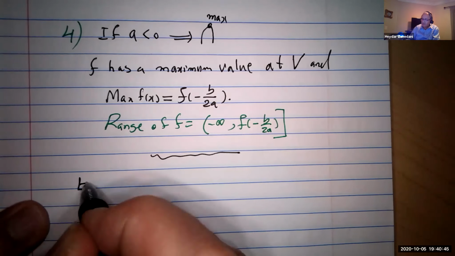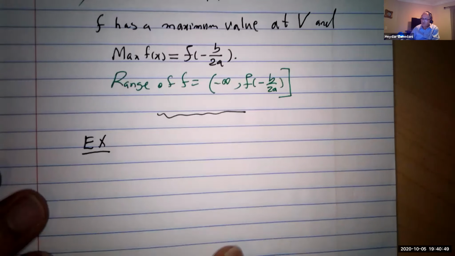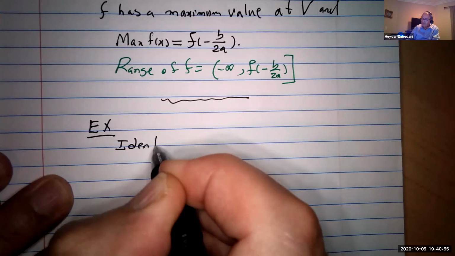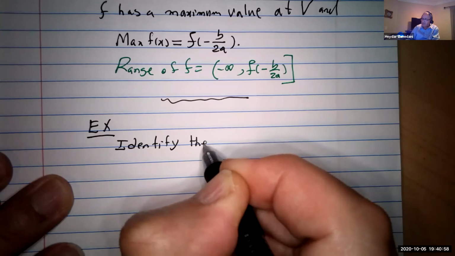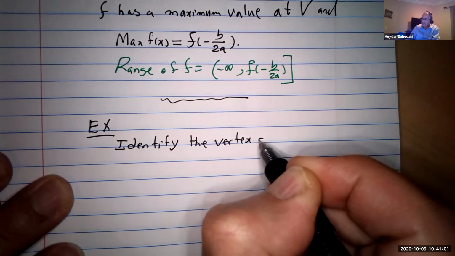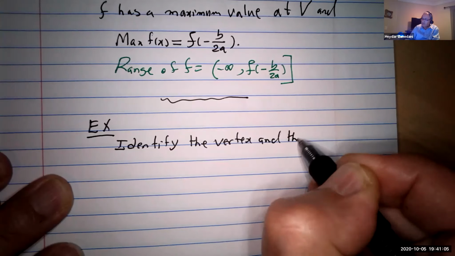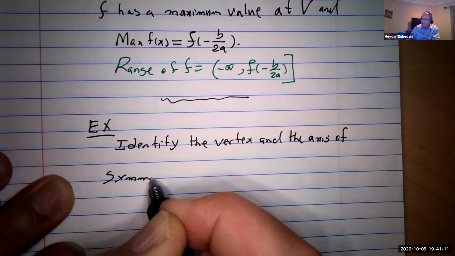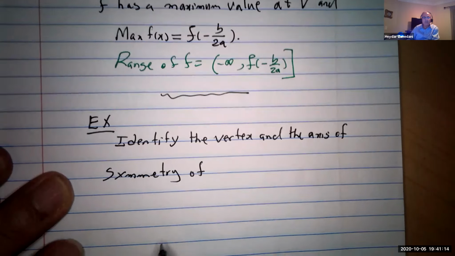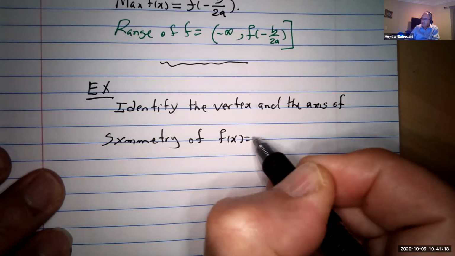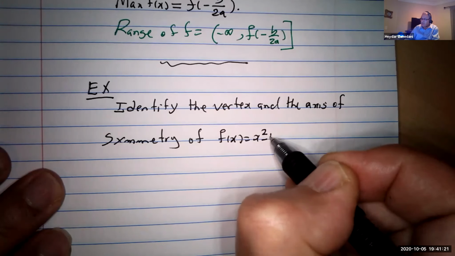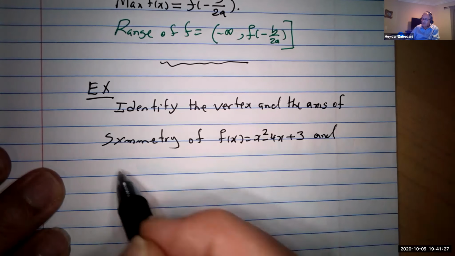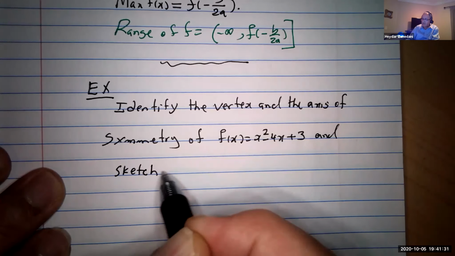Example, this is a very standard one. We would like you to identify the coordinate of the vertex and the axis of symmetry of this quadratic function f of x equals x squared minus 4x plus 3, and sketch its graph.